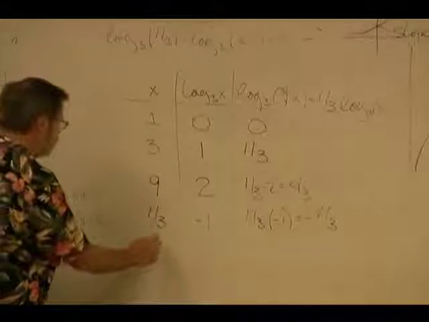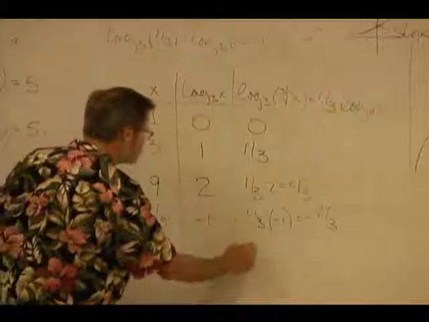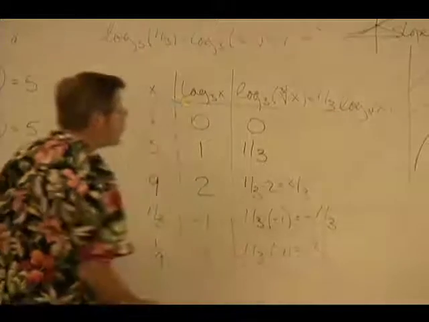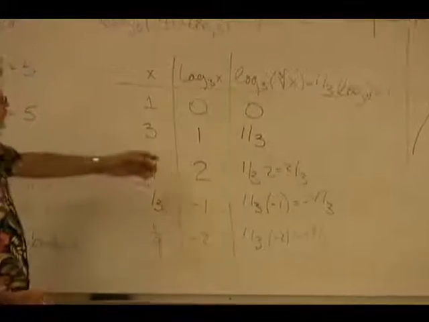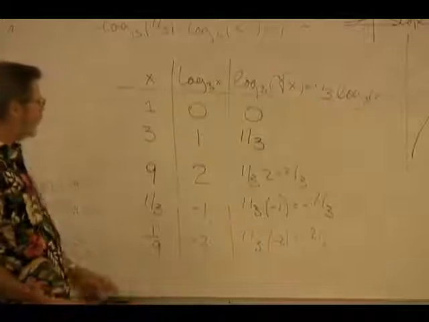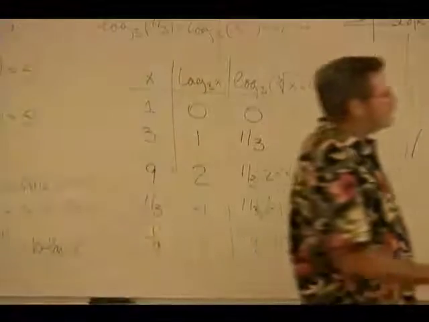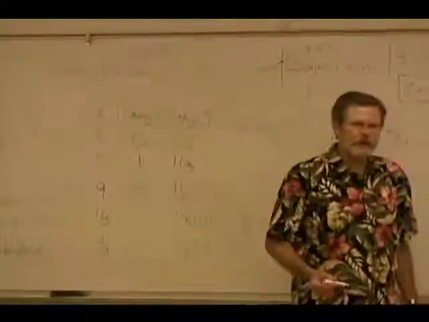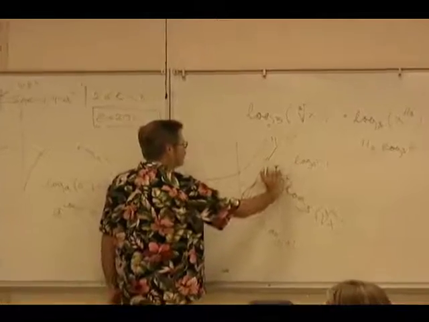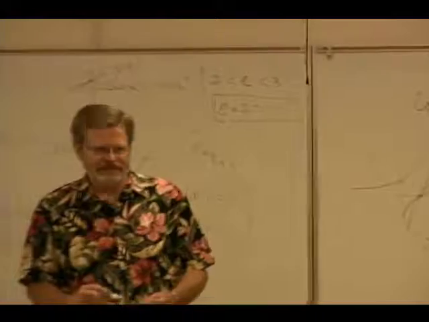And at 1/9, this is minus 2, and this is 1/3 times minus 2, which is minus 2/3. So this chart tells you what to do with the negative values on this side, and the positive values on this side. Looking at it graphically, if this represents log to the base 3, whatever this is, it's scaled by a factor of 1/3.